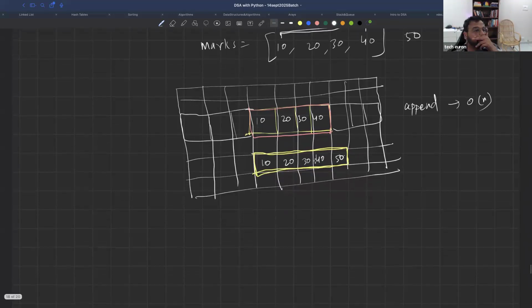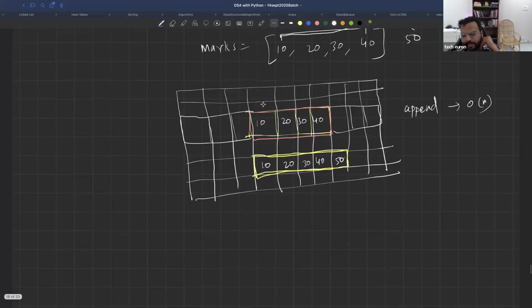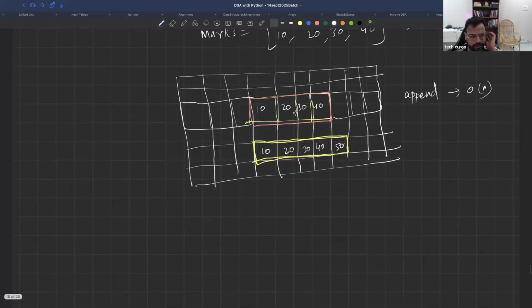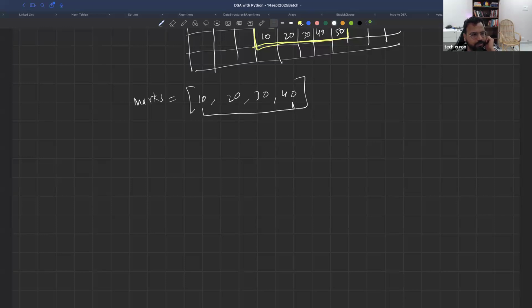Okay. So what a dynamic array does is it works on the same concept of resizing, but it will do one more thing. When you say that I want to store marks of 10, 20, 30, and 40, so you have to store 4 elements, it will by default take more than 4 spaces, so that later if you want to add something, there is some buffer.